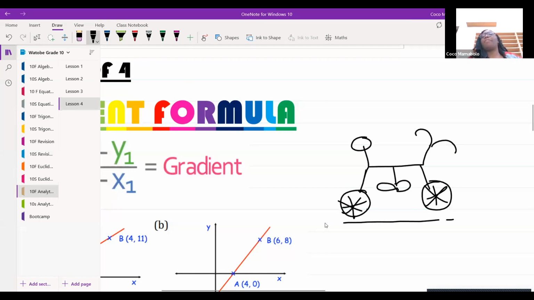Now, if I'm driving my bicycle on a flat plane, we can admit that I'm going to use the same amount of energy everywhere that I'm riding my bike. Now, if I start riding up the hill, am I going to use more energy or less energy? Yes, good.